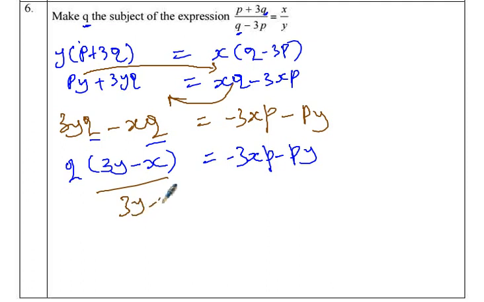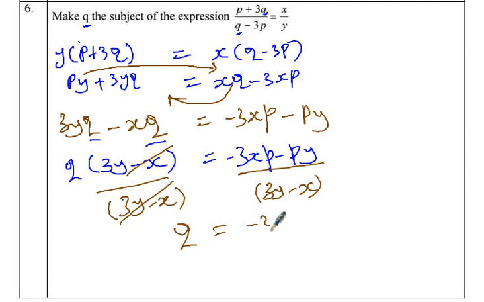I want to write this bracket down here, and I also do the same thing on the right hand side, so that I put this term away, then my q is equal to minus 3xp minus py out of 3y minus x. And so I've been able to make q the subject.